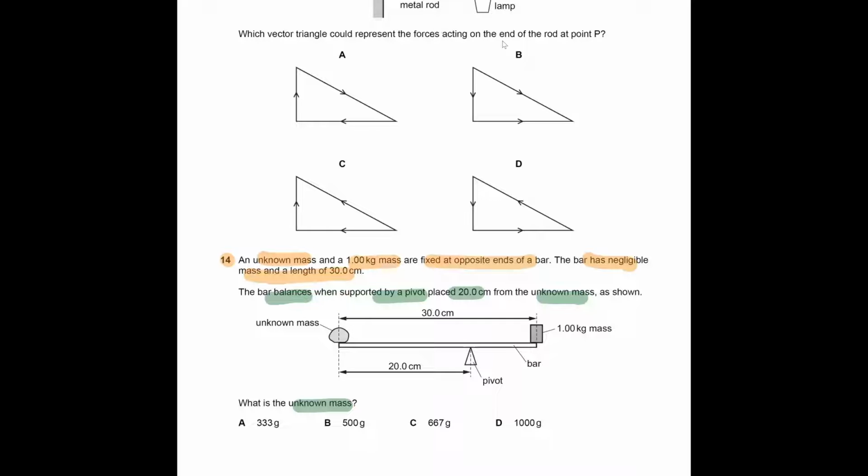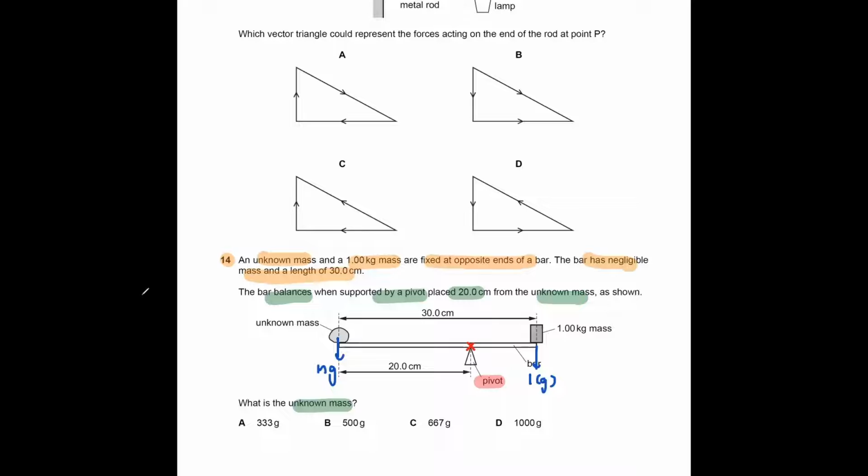Okay, so here they make your life easier already. They say this one is your pivot. And then they tell you there are two masses here. This one would have a weight of m times g. This one would have a weight of 1 times g.